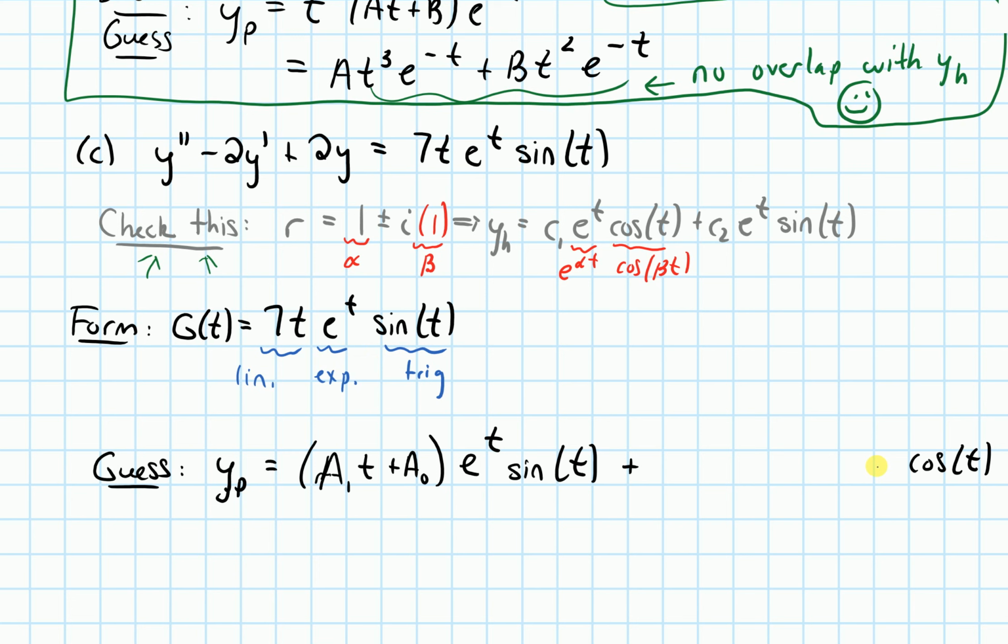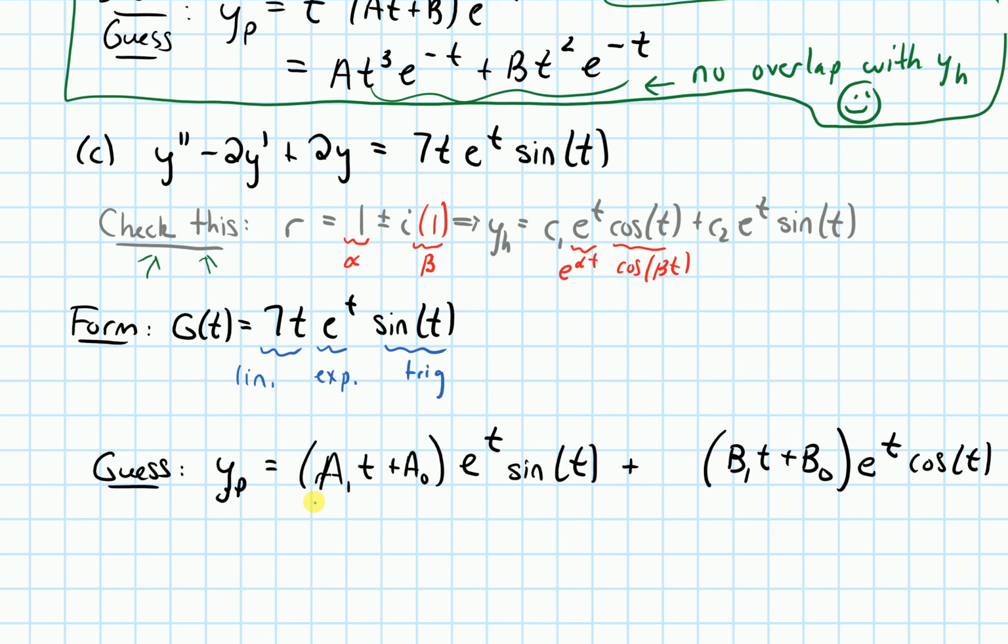It will also need to be multiplied by an exponential, so e to the t, and it will also need to be multiplied by something linear, but it may not necessarily be the same linear thing. So I'm going to call this thing b1t plus b0. And that's why I chose this labeling for my variables.